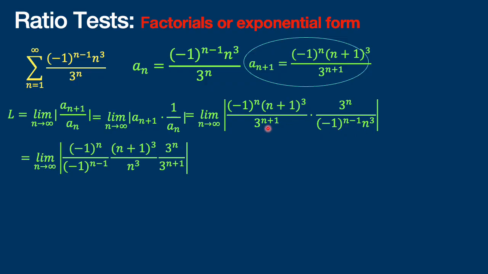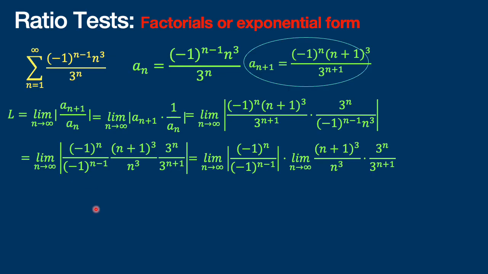So what you have now is (-1)^n (n+1)^3 3^n over (-1)^(n-1) n^3 3^(n+1). And take absolute value, meaning we don't want a negative.